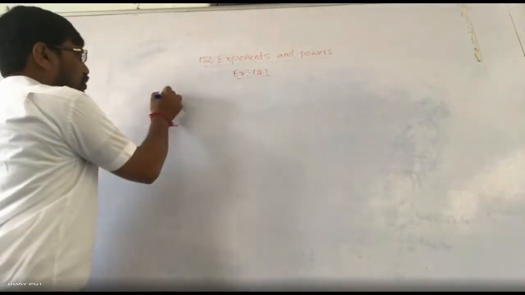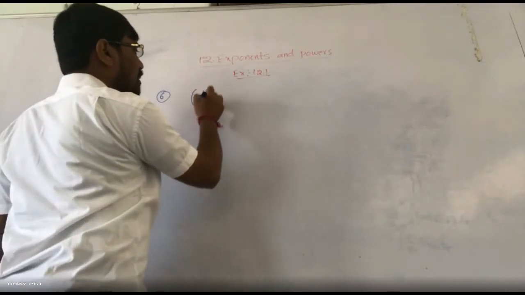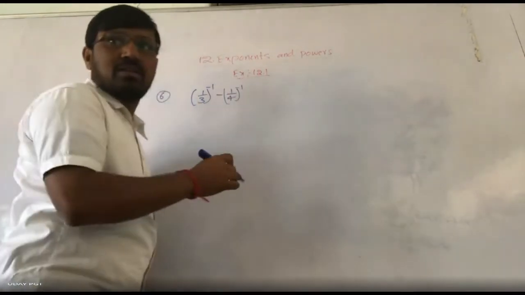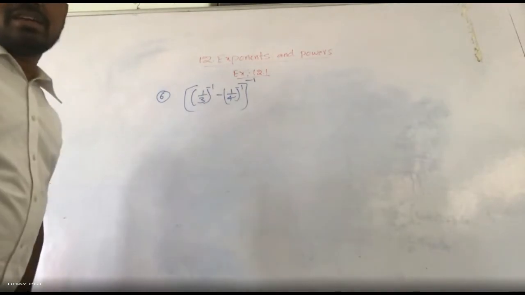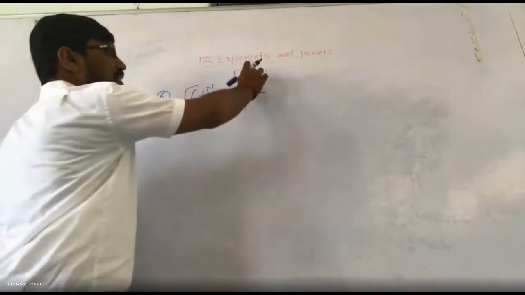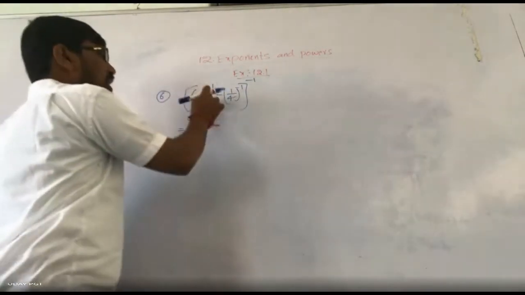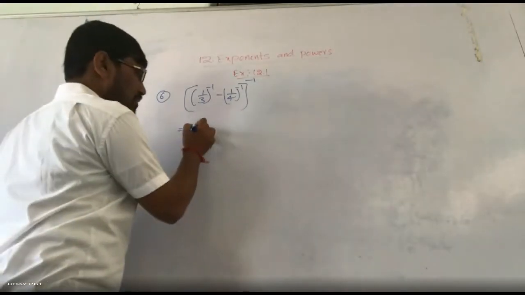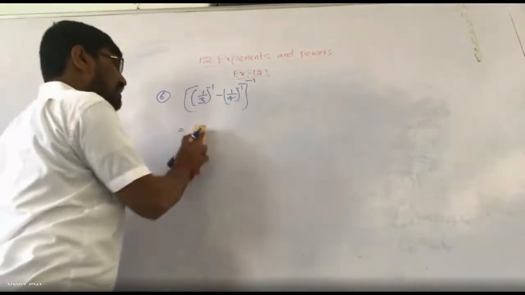Next question you see here. Evaluate 1 by 3 whole power minus 1 minus 1 by 4 whole power minus 1, whole to the power of minus 1. Very interesting question. First thing you need to do here, individually simplify one by one. 1 by 3 whole power minus 1 can be written as 3 by 1 whole power plus 1, which is nothing but 3 only.